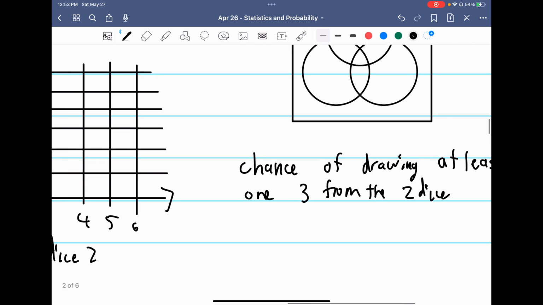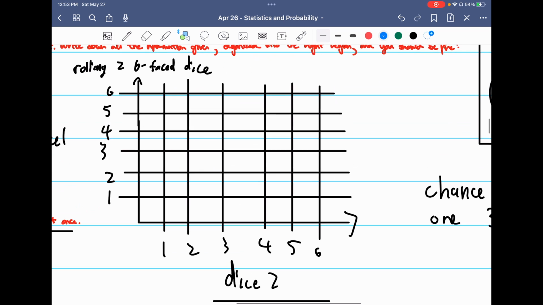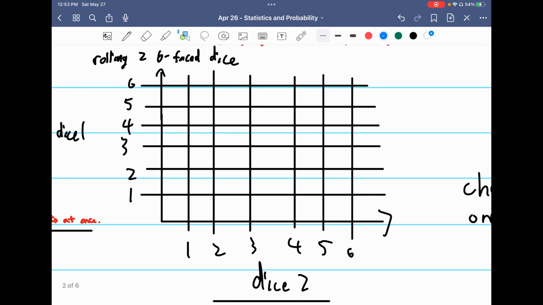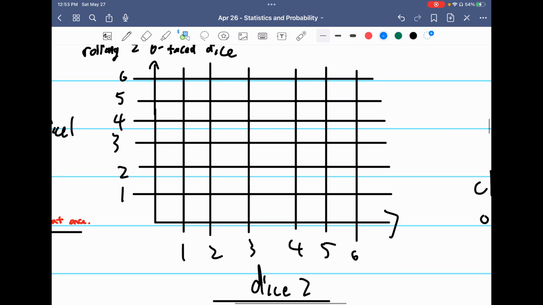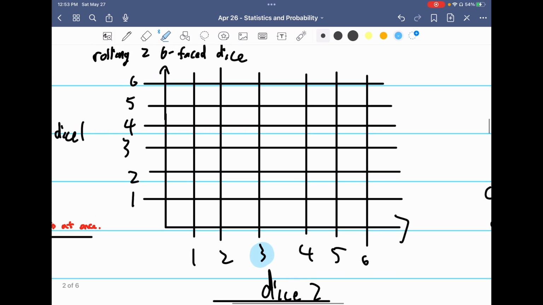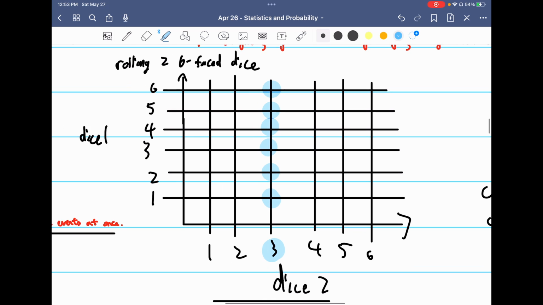They can overlap. So what we'll do is, looking at the grid diagram, we'll look into here because we want to get a 3. So we look into the 2D grid and we look into number 3 and we see 1, 2, 3, 4, 5, 6 outcomes.